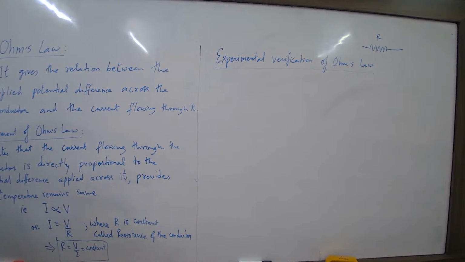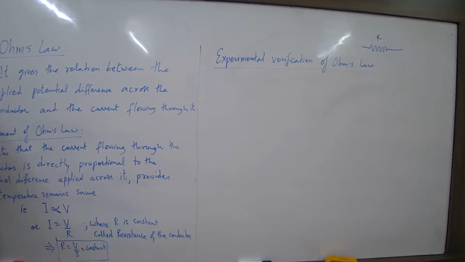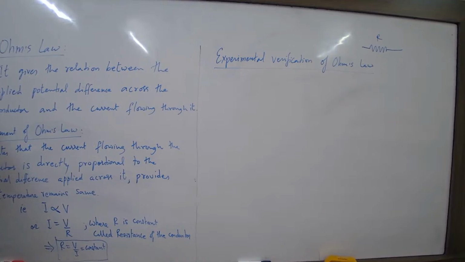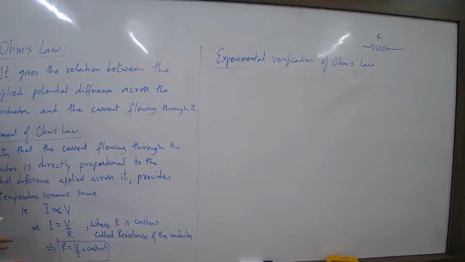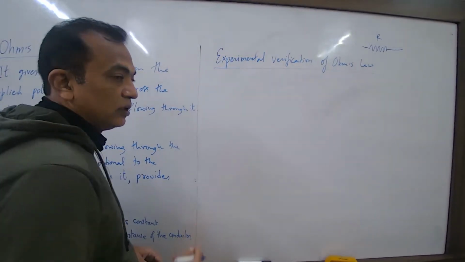So for verifying that I is proportional to V, or V is proportional to I, we will plot a graph of I versus V, and it should be a straight line where it is proportional, right? So how do we verify it experimentally? For that we will require a circuit.